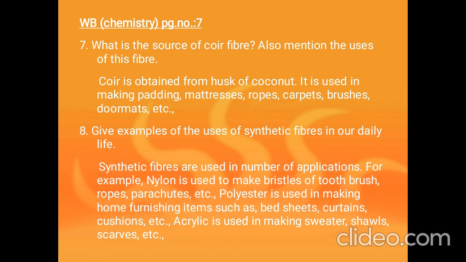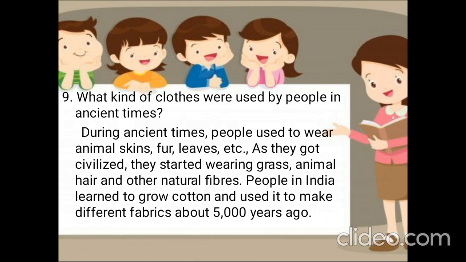The synthetic fibers are used in a number of applications. For example, nylon is used to make bristles of toothbrushes, ropes, parachutes, etc. Polyester is used in making home furnishing items such as bed sheets, curtains, cushions, etc. And acrylic is used in making sweaters, shawls, scarves, etc. Okay, children.